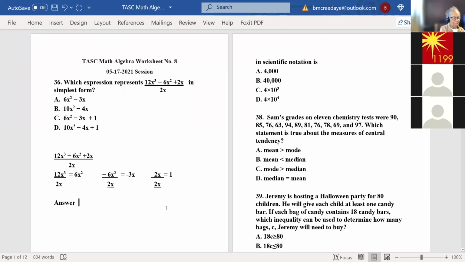What does it match? A, B, C, or D? It matches C. That's right, C. You have 6x squared right here, minus 3x, and 1.